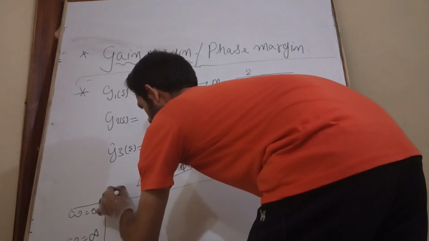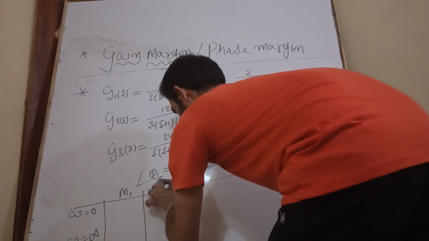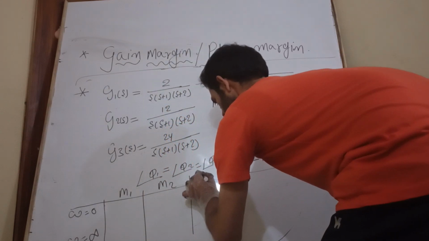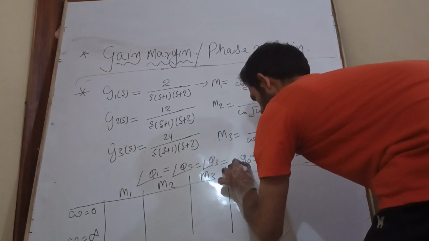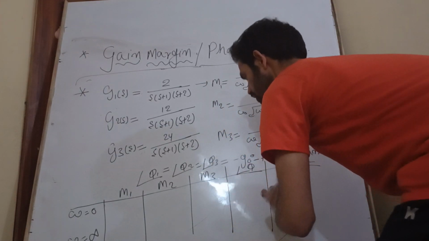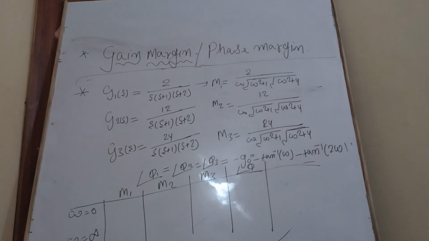Here we will see first M1, then M2, and then M3 magnitude, and here we will see angle phi, which is similar for all these three systems.